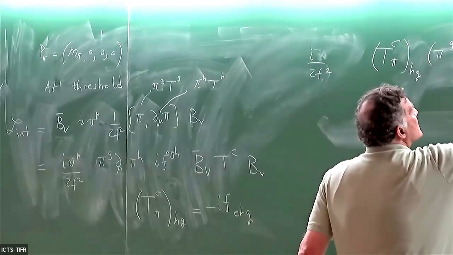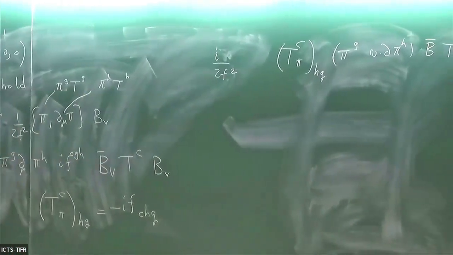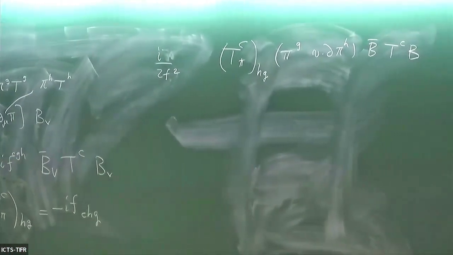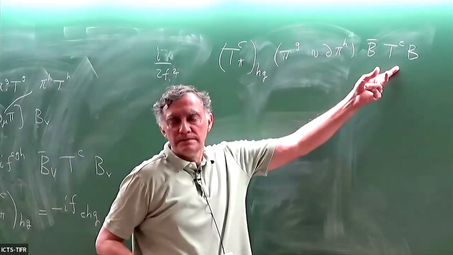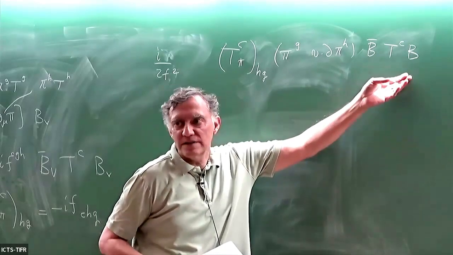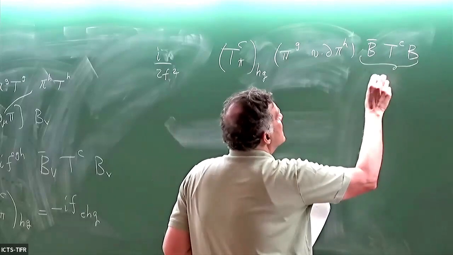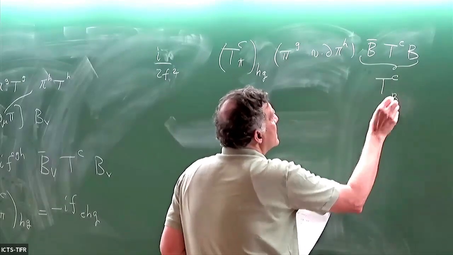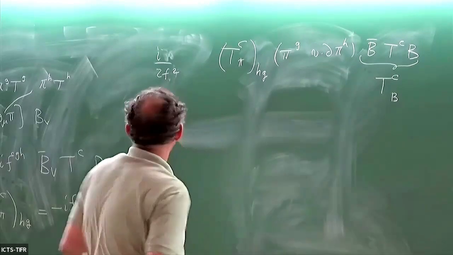Okay, I don't know if I messed anything up. Okay, now what is b bar tc b? That's simply the generator, the flavor generator in the baryon sector. So I can call this Tc baryon. It has some label for the initial baryon and the final baryon.